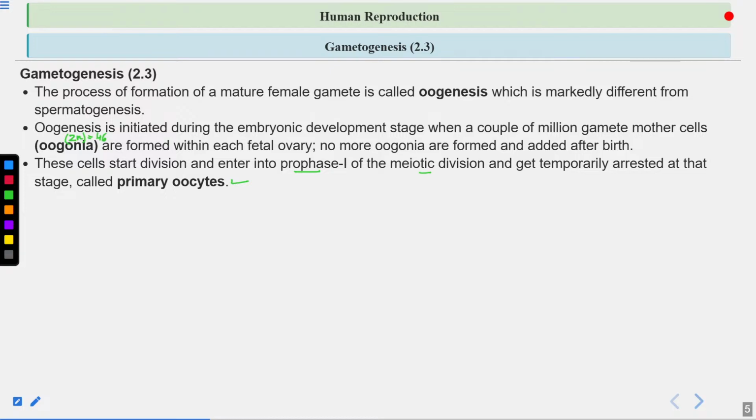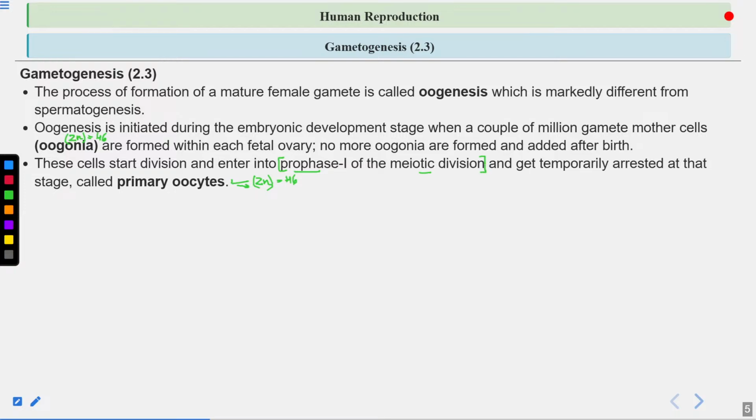These oogonia differentiate to form primary oocytes. The primary oocytes will again be 2n, meaning they are diploid, and they will also contain 46 chromosomes. Now these primary oocytes are arrested in prophase 1 of meiosis.